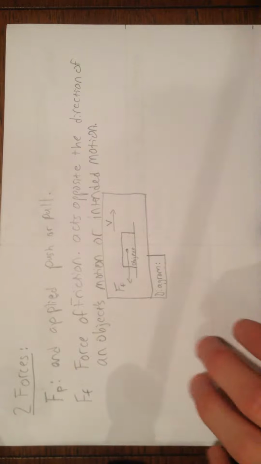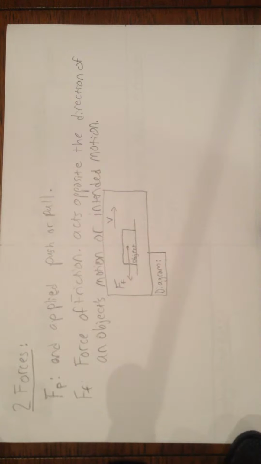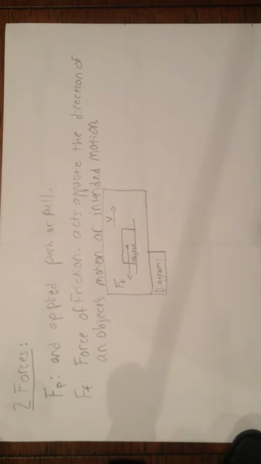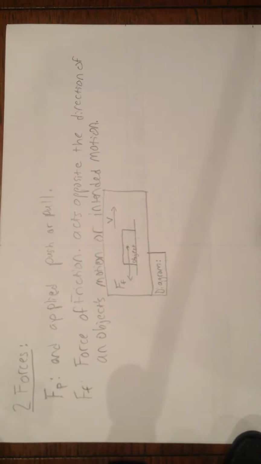So there's two forces we're going to deal with on our force diagrams. Write this down. You've got FP, which is an applied push or pull. We call it FP because P is the first letter of push or pull.